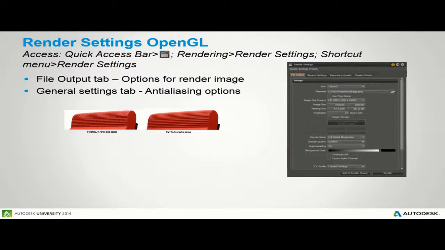The render settings module, you can open it up. It has different tabs where you can set the different options. Generally, in the file output tab, you can set the image size. It is for the rendering images. And also you can add anti-aliasing here. Anti-aliasing is for when you see the render options, because it's being rendered interactively.